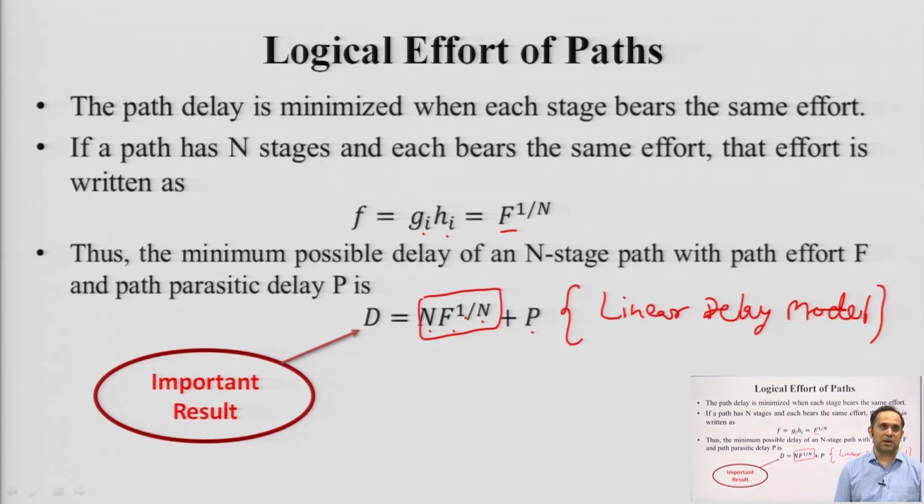If the path has multiple stages, multiply them together to get the overall path delay. If there is branching in any path, you use the branching effort also, which produces an extra factor, okay, and that takes into account if a particular path is branching also, right. So, that is all about the linear delay model and logical effort of path.